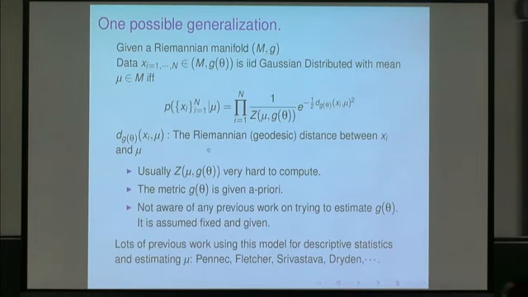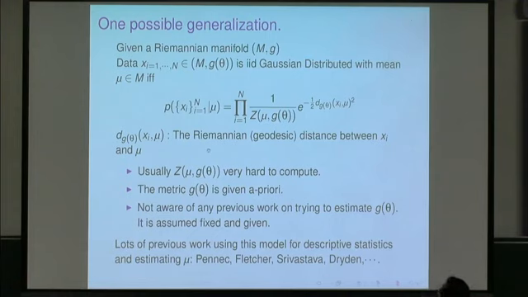One of the earlier models: since you're on a Riemannian manifold with some metric g, I'm going to assume that the metric g is parameterized by a finite number of parameters theta.